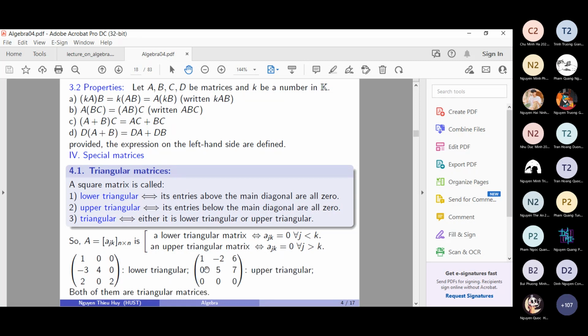And here is the upper triangular because all the entries in the lower part of the matrix are 0. And both of them are called triangular matrix, either it is lower or upper. We call it by the common name triangular matrix.